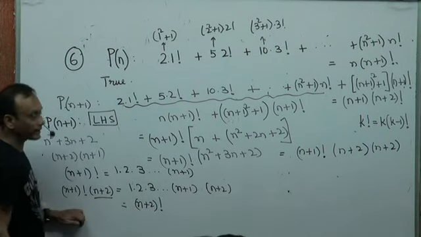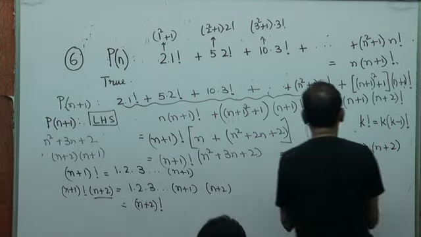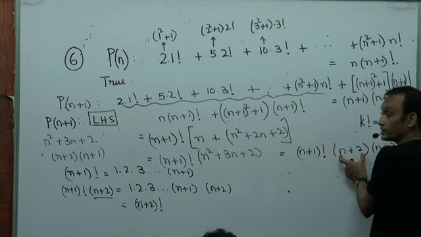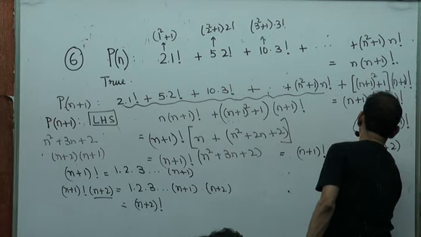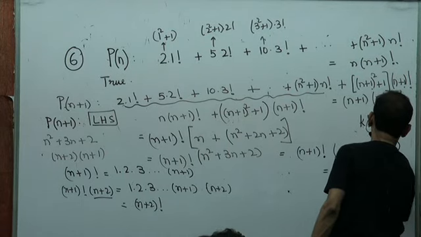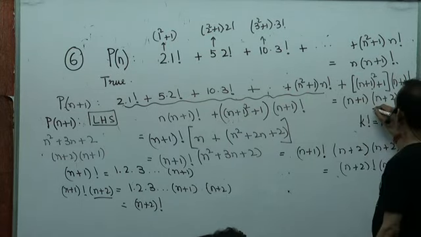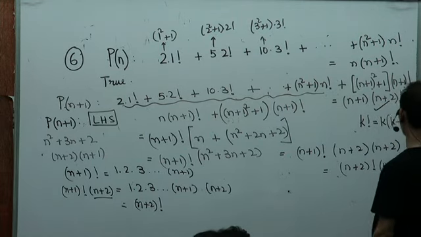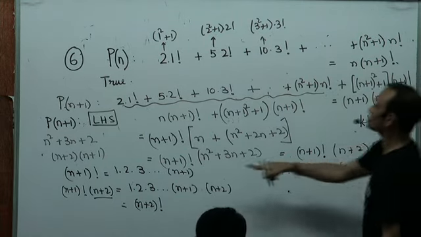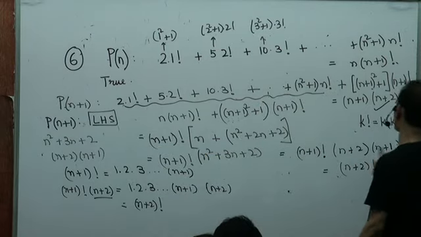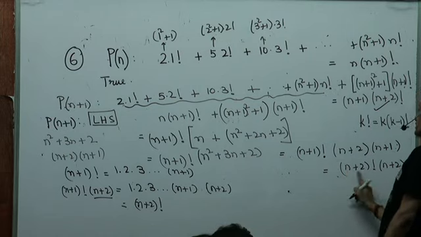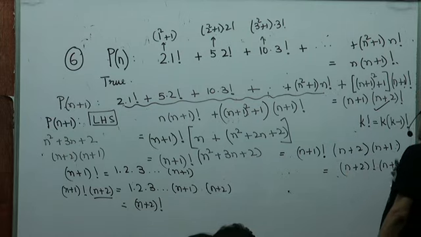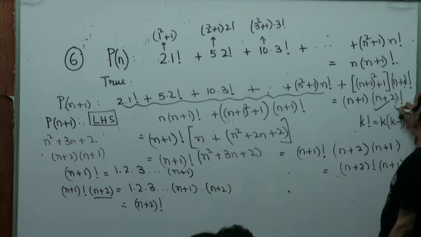Right? So, n plus 1 factorial into n plus 2 is going to be n plus 2 factorial. N square plus 3n plus 2 is n plus 2 into n plus 1. So, n plus 2 into n plus 1 factorial is going to be n plus 2 factorial into n plus 1, which is the result Pn plus 1.